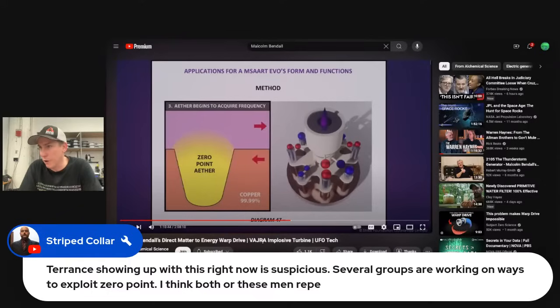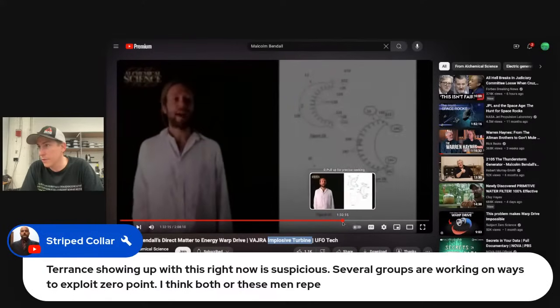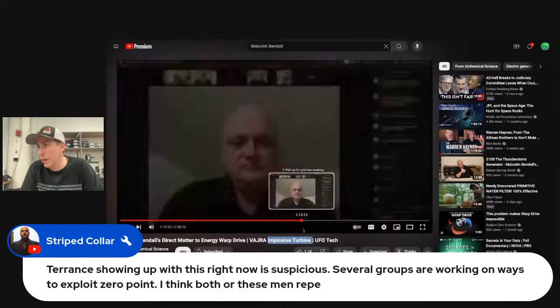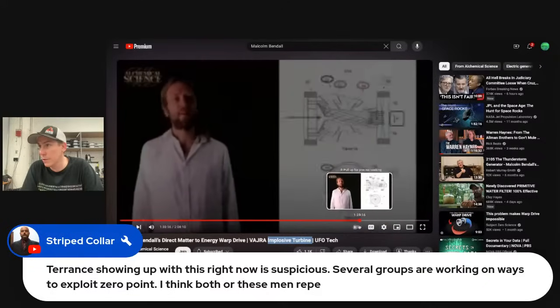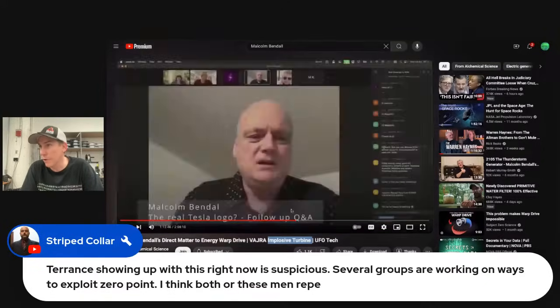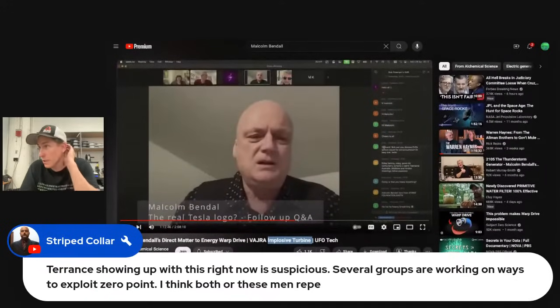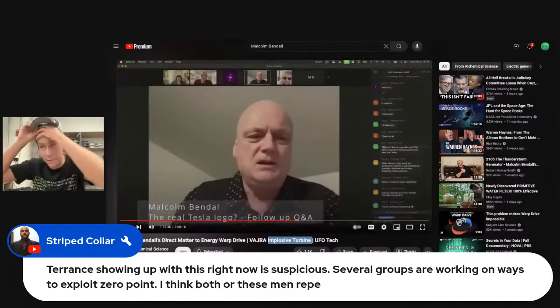And again, this Vajra implosion turbine is all this Victor Schauberger pseudoscience that's being recycled and put out now with this silly pseudoscientific model of chemistry and physics. So they can throw in all this stuff and really confuse and mislead people. That's basically what I think is going on.